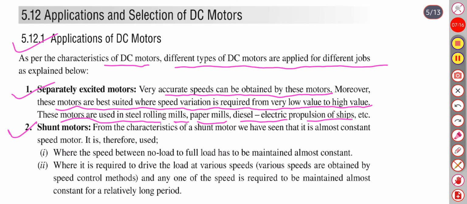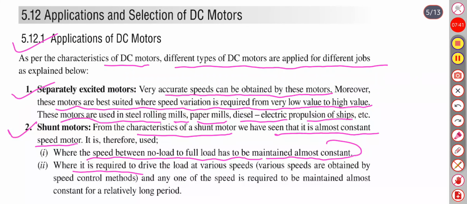Shunt motors: from the characteristic of the shunt motor, we have seen that almost constant speed of the motor can be obtained. Therefore, where the speed between no load and full load has to be maintained almost constant, these motors are preferred. And where it is required to drive the load at various speeds, they are obtained by speed control methods, which we will see after this.